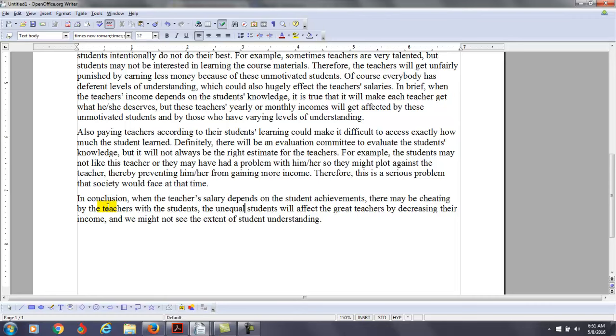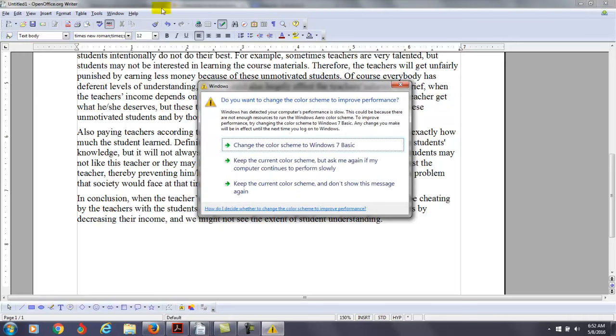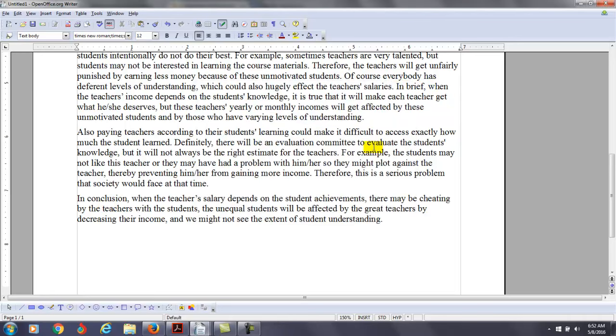The unequal students will be affected by the great teachers by decreasing their income, and we might not see the extent of students on the students understanding.